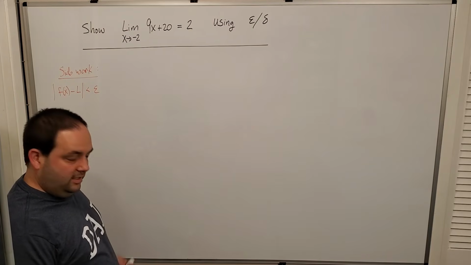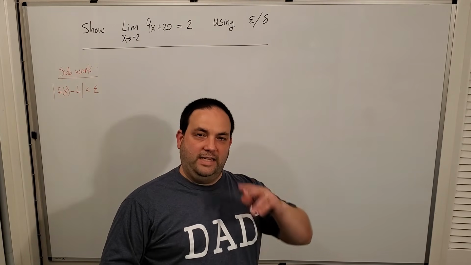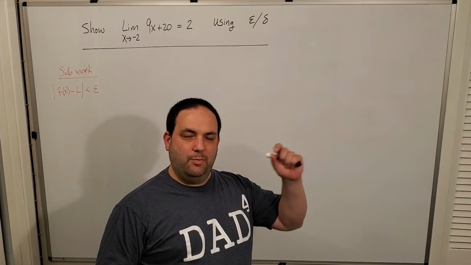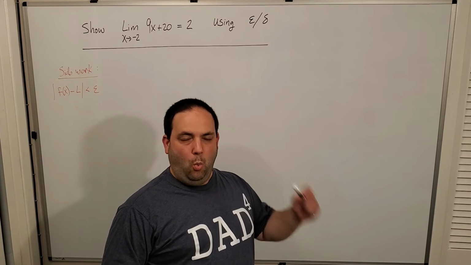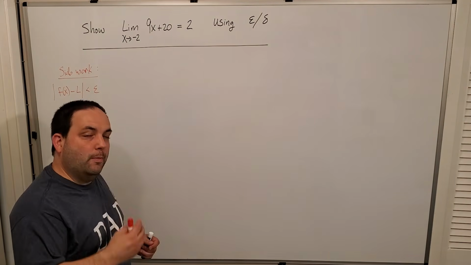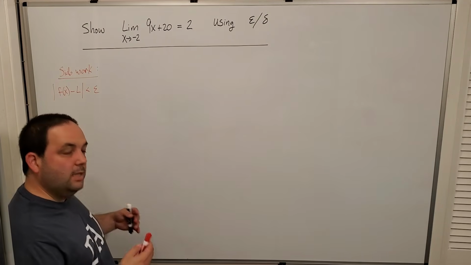Remember, this is the desired goal. I want to be able to find a delta, an x distance, for every possible epsilon y value distance that we have. So on my side work here, I'm going to work backwards to basically make it happen.